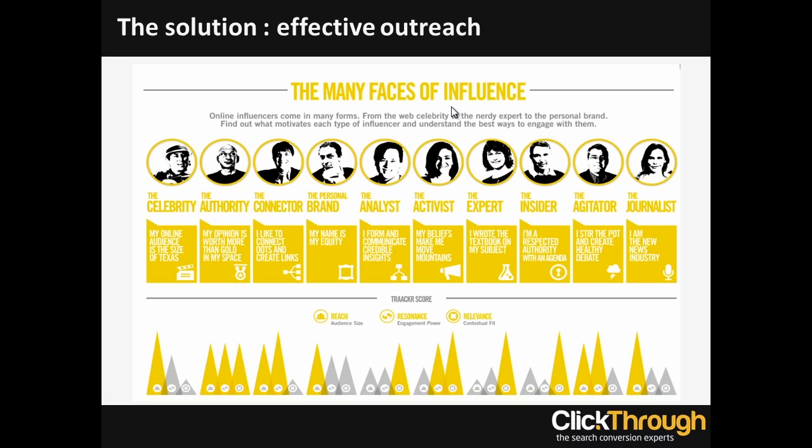These particular influencers here are within the marketing area, and you may recognise some like Seth Godin there, or Brian Solis, the personal brand, but you can't always get to these A-list bloggers, if you like, so you need a range of other contacts that you would approach as well.